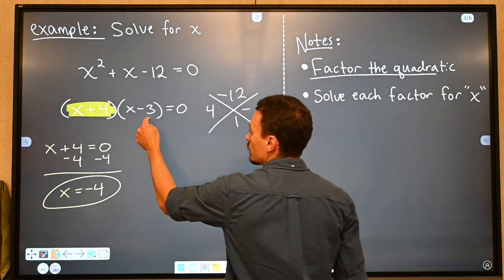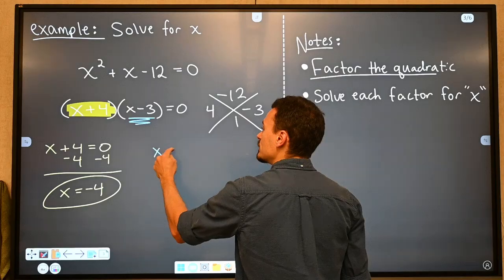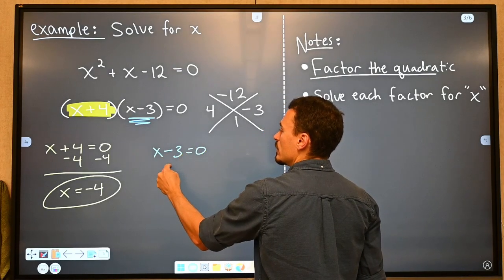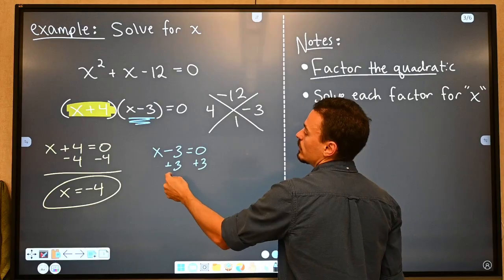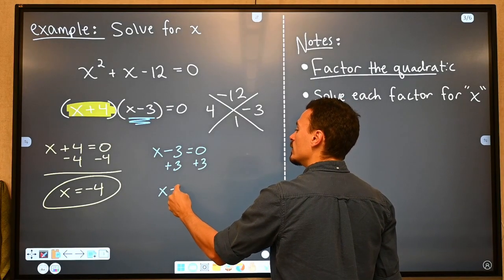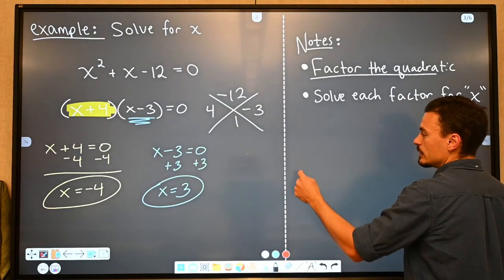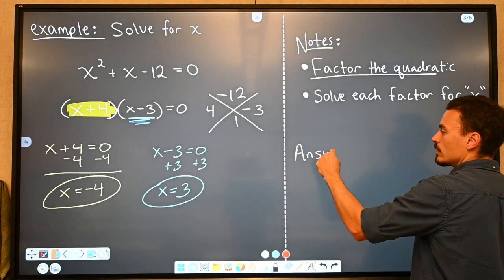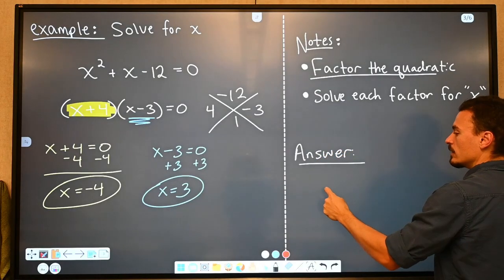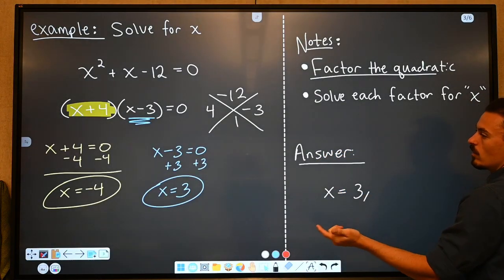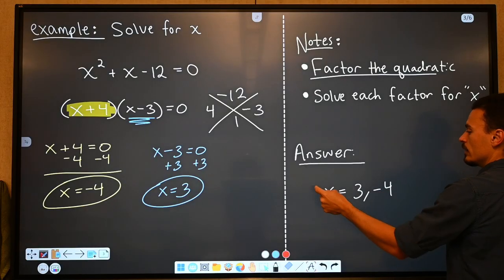And then in blue, we have x minus 3 equals 0. So that means x will be equal to 3. So our two answers are x equals 3 or negative 4.